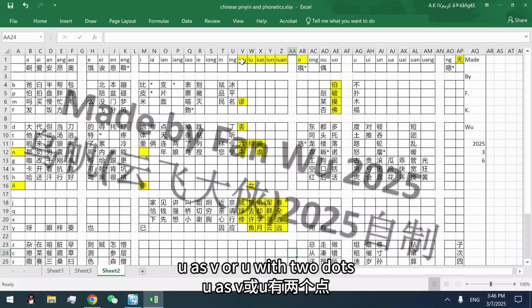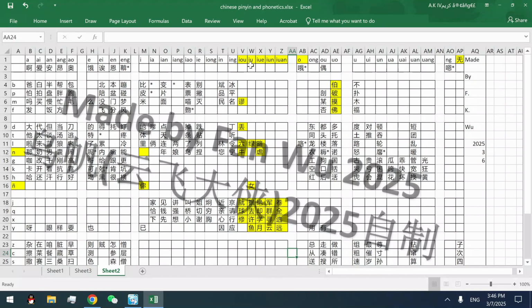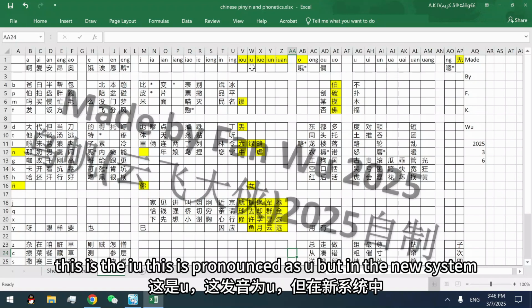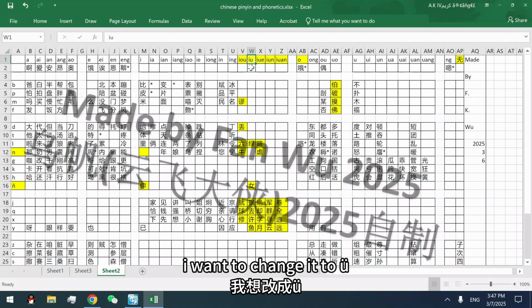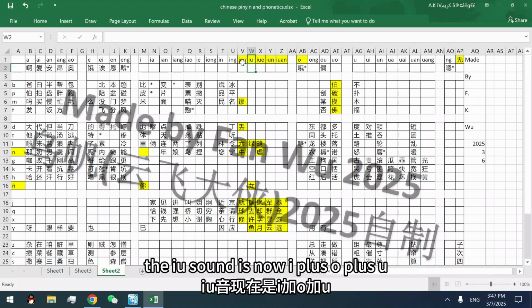Instead of writing yu as v or u with two dots, I thought that it's probably better to write it as I plus u. In the old system, I plus u is pronounced as you, but in the new system, I want to change it so that I plus u now equals yu, and the old I plus u sound is now I plus o plus u.